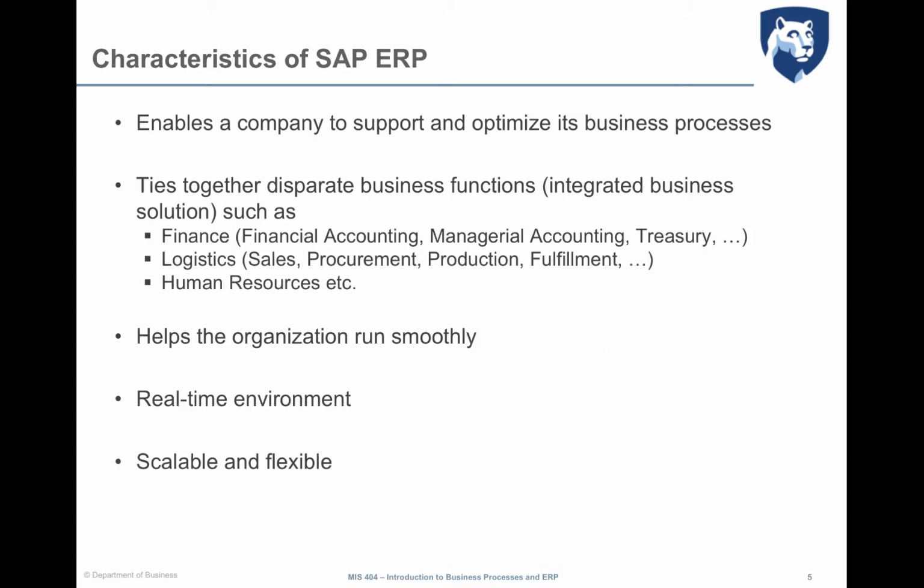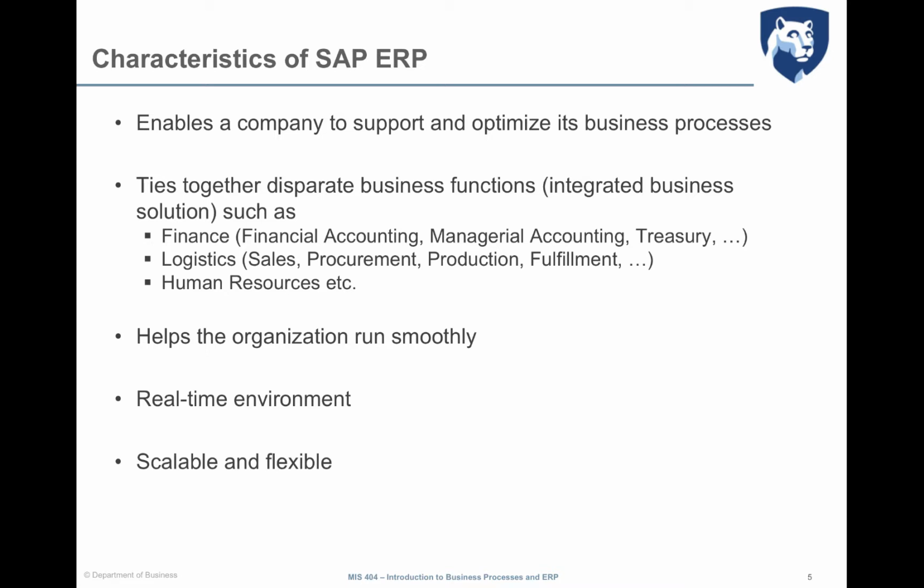As we saw in the previous lecture, of course, SAP has all the characteristics of an ERP system. So it enables a company to support and optimize the different business processes by tying together different business functions and by integrating the workflow of the process.